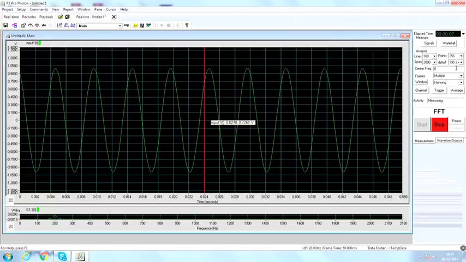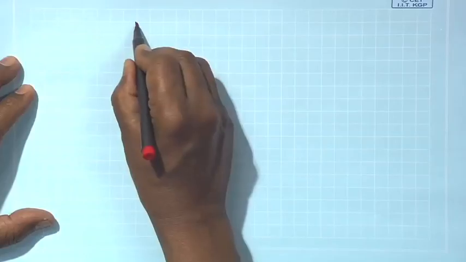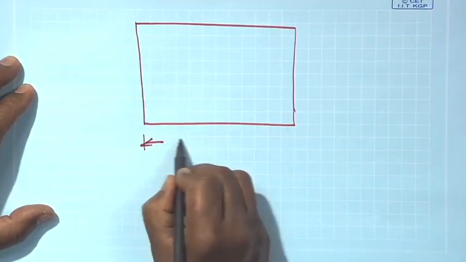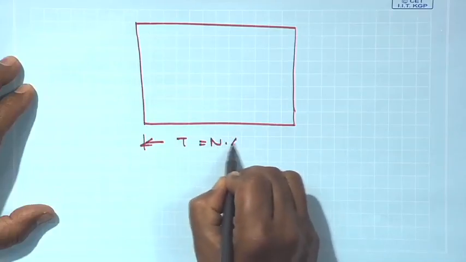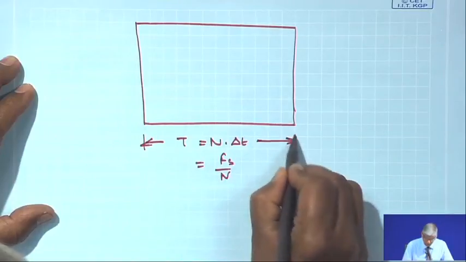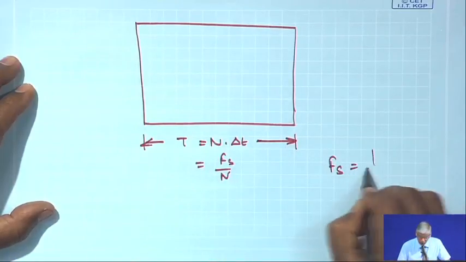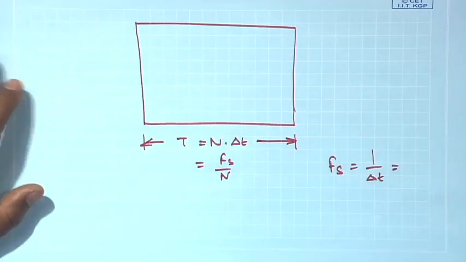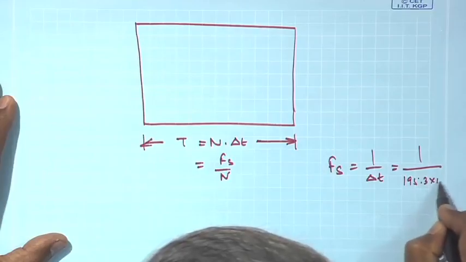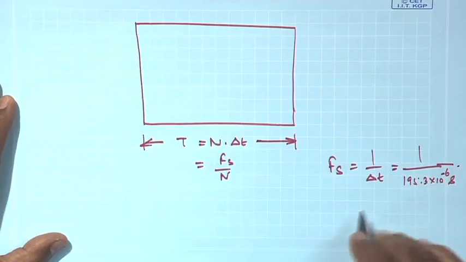But one thing you noticed here is we have not changed Fs. What I have done here is my t is n times delta t, or n by Fs. I have kept Fs as 1 by delta t, that is 1 by 195.3 times 10 to the power minus 6 seconds.